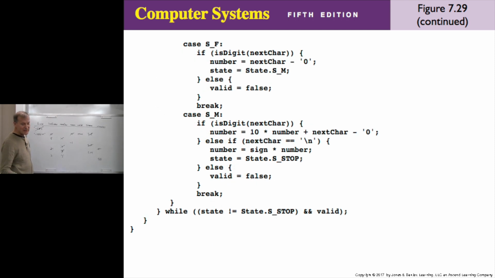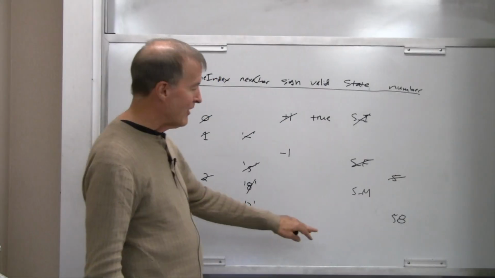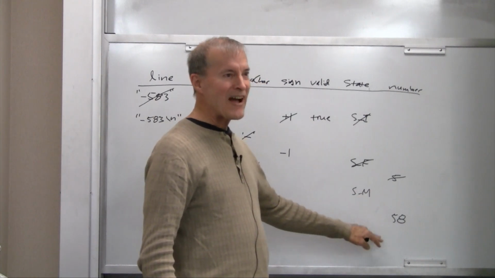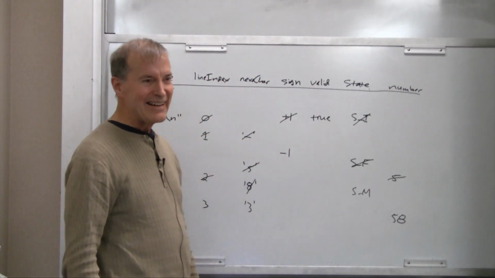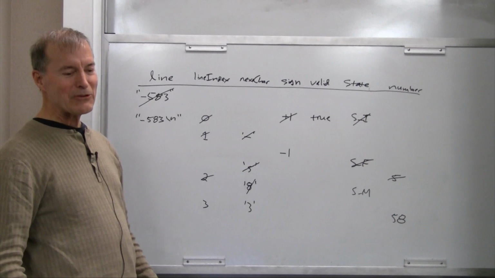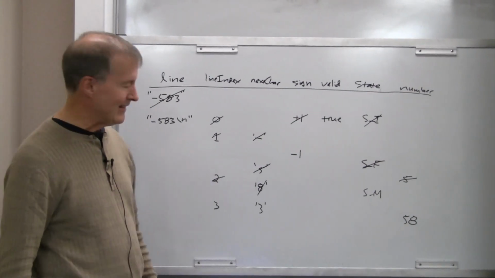And now what happens with SM? Is digit this? Yes. So what happens? 10 times what? 58 is what? 580. And then what does it do? 580 plus what?